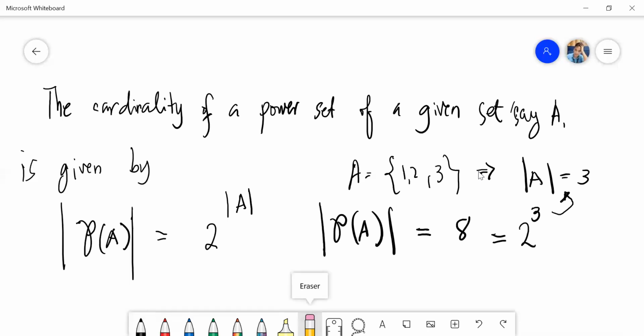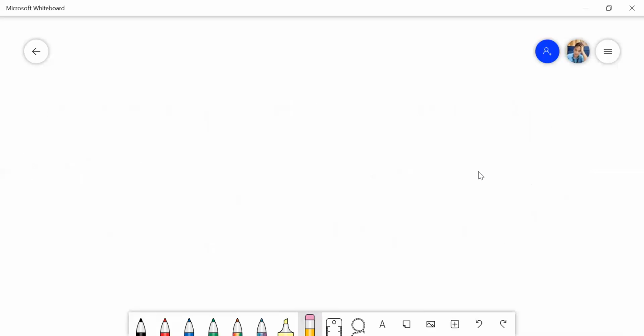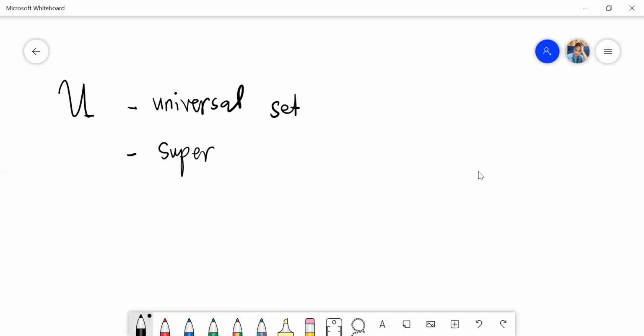So let us continue. Since we have introduced the concept of a subset, let us introduce the concept of a universal set. When we say the universal set, it's actually the superset of all the given sets.